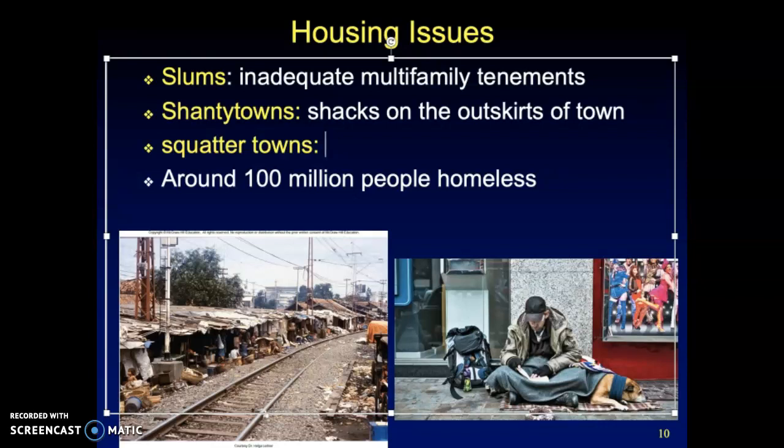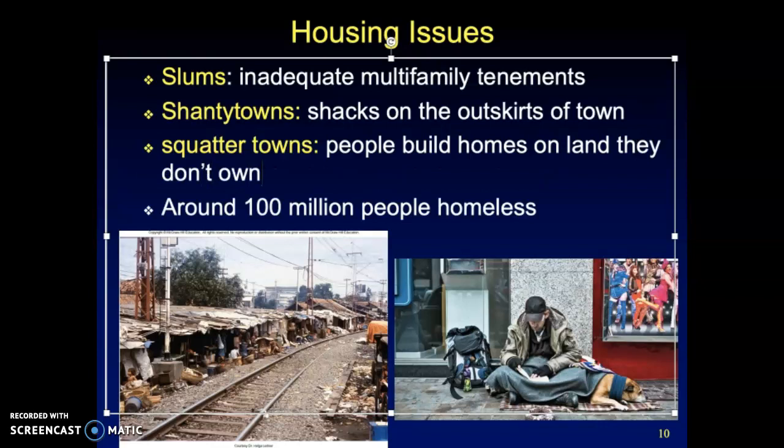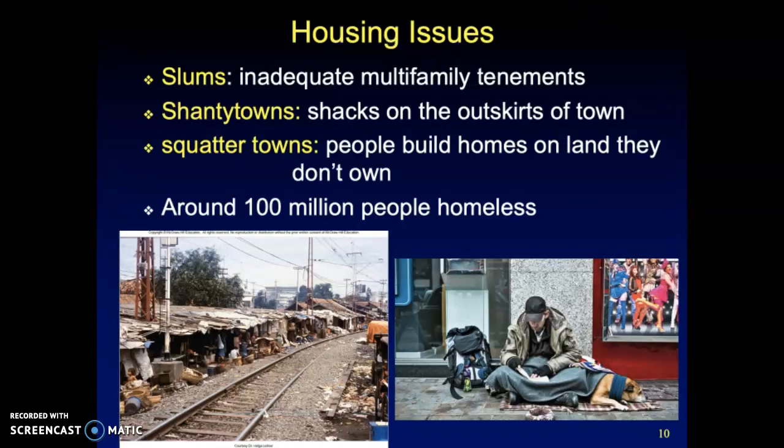The third category of housing when we look at developing countries is something called squatter towns. Squatter towns are where a bunch of people just decide we're going to set up shop, we're going to build a house on land that, well, it's land they don't own.